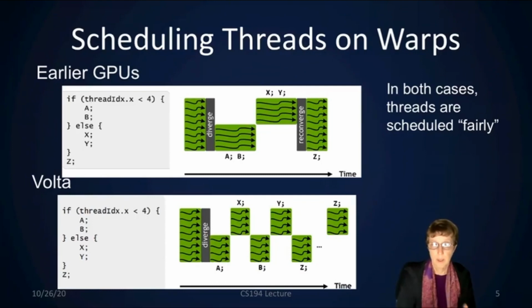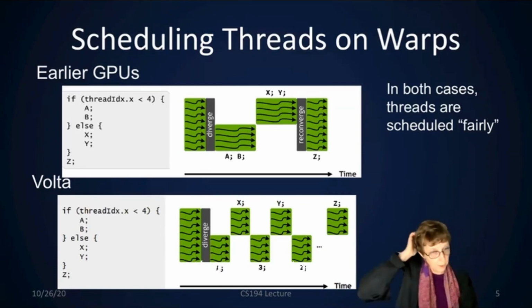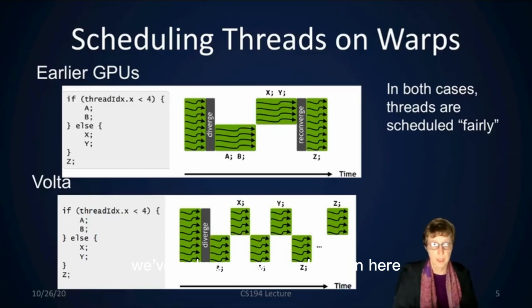Say that your hardware is only as wide as these smaller green chunks, these 4-thread units. So here are our vector lanes. We've only got 4 vector lanes in here. We've got 8 vector threads that start out, but they diverge in such a way that 4 of them can go together. Then you can execute those and alternate between the different groups of 4 that may go down different branches. So that's sort of a detail.